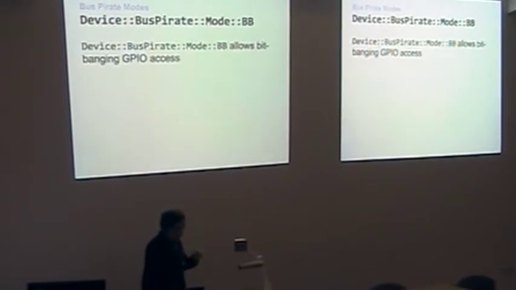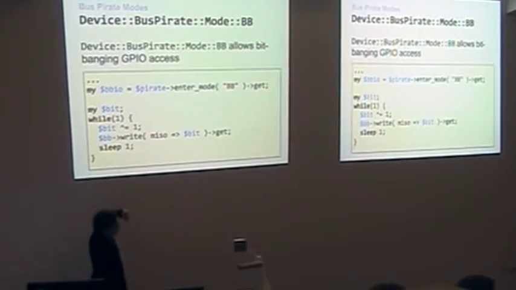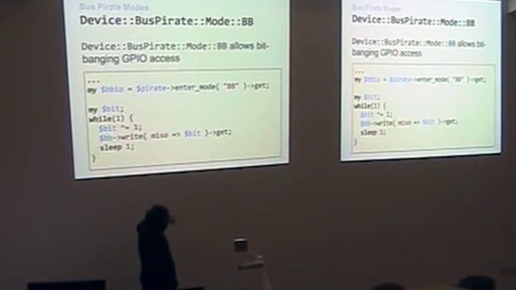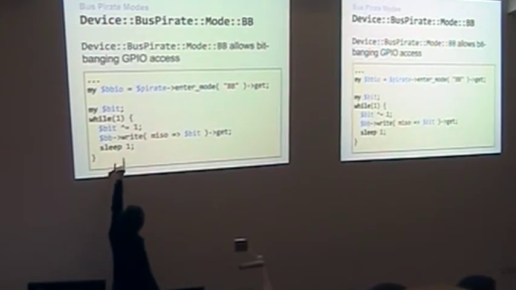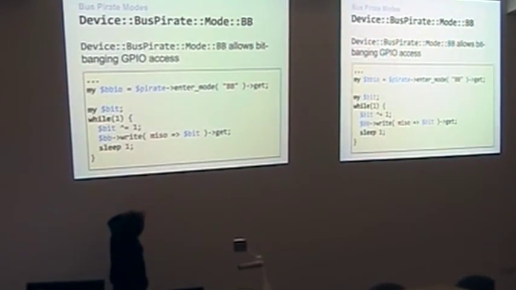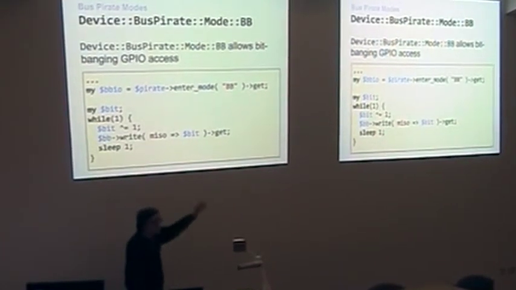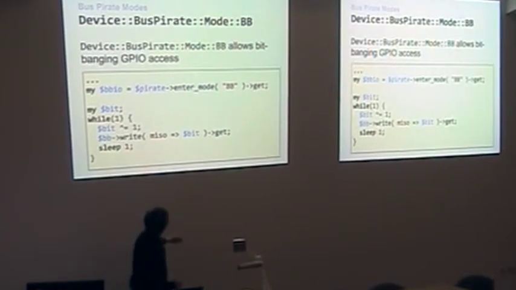So, as an example of a bit banging thing, here's a piece of code. We get the bit bang mode object, and we change this to a while loop, where we're just going to toggle this bit flag, and we're going to tell it to write that bit out of the MISO line. I'm sure that's a bug, that should be masked out. The whole MISO MOSI concept, they kind of messed that up.